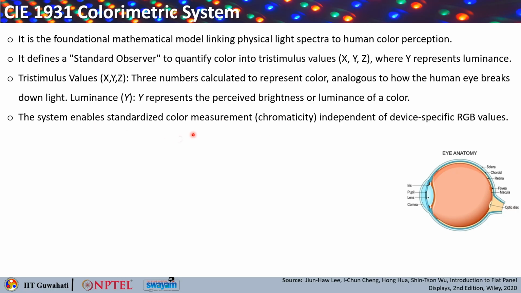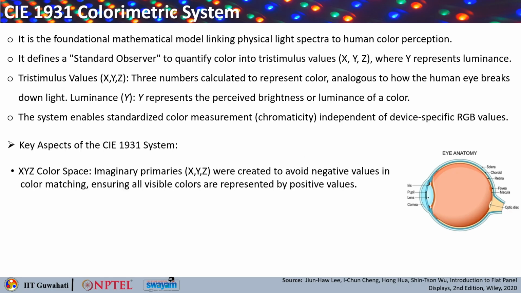They correspond to RGB values, but not directly. And the other thing is Y gives you the perceived brightness or luminance of a color. So, the system enables standardized color measurement, chromaticity, which is independent of device specific RGB values.